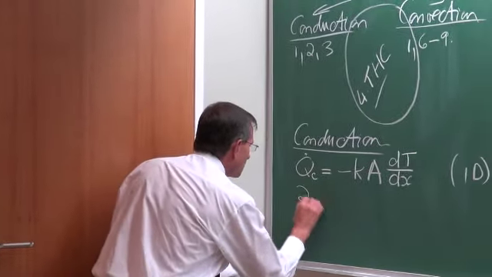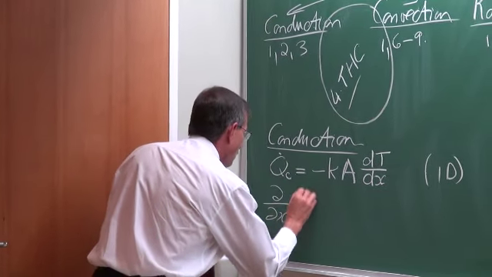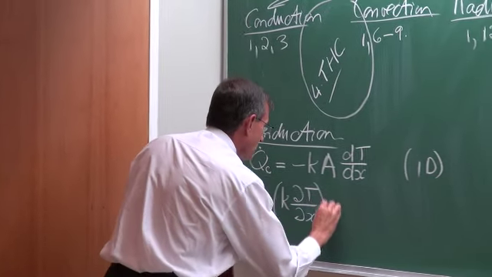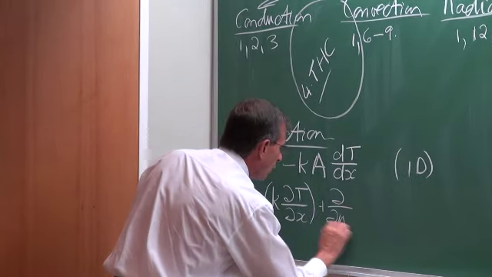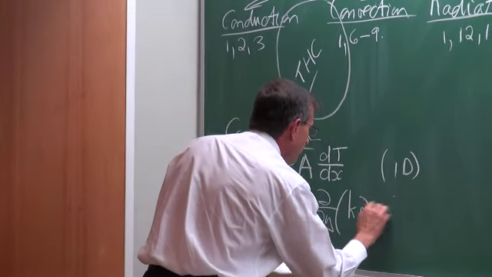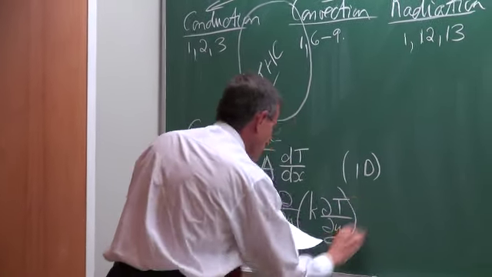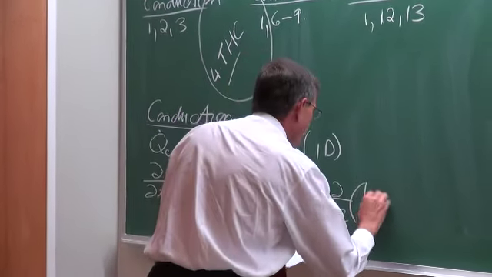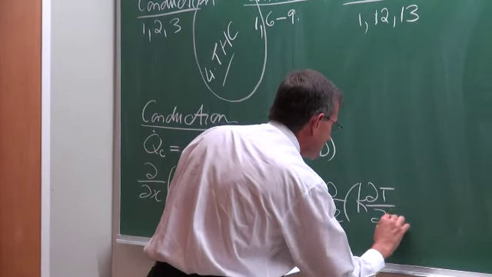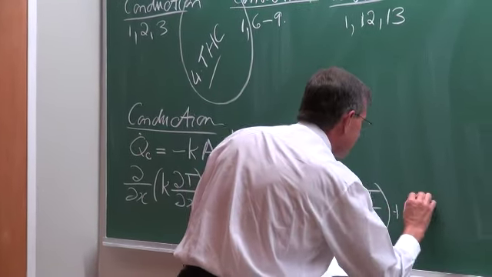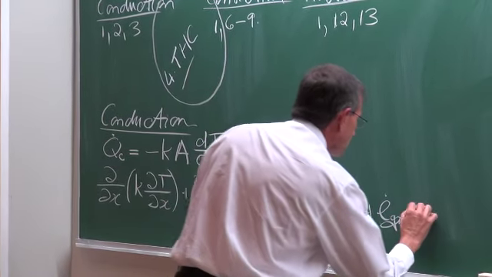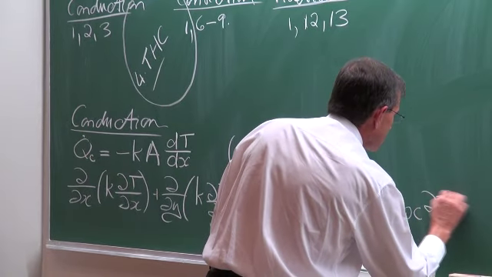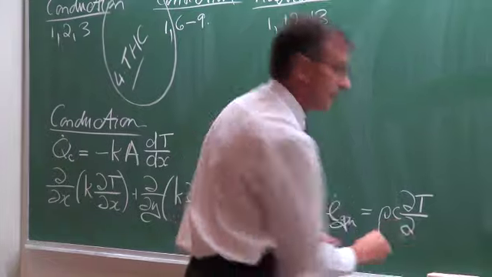And this equation looks like this: partial d/dx of K partial dT/dx plus partial d/dy of K partial dT/dy plus partial d/dz of K partial dT/dz plus E gen is equal to rho C partial dT/dt.